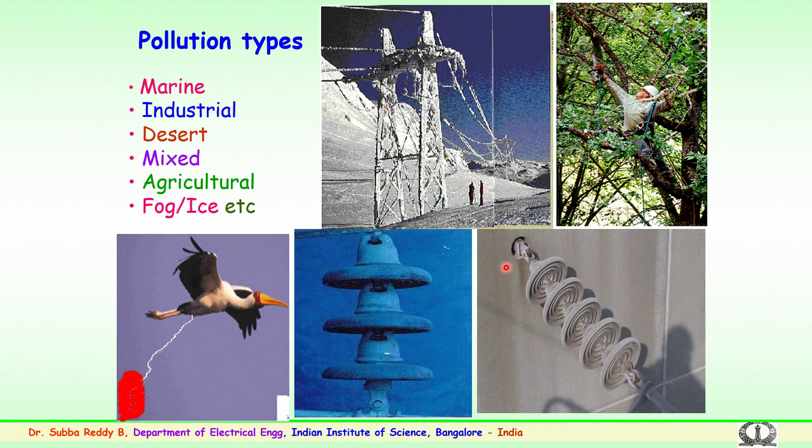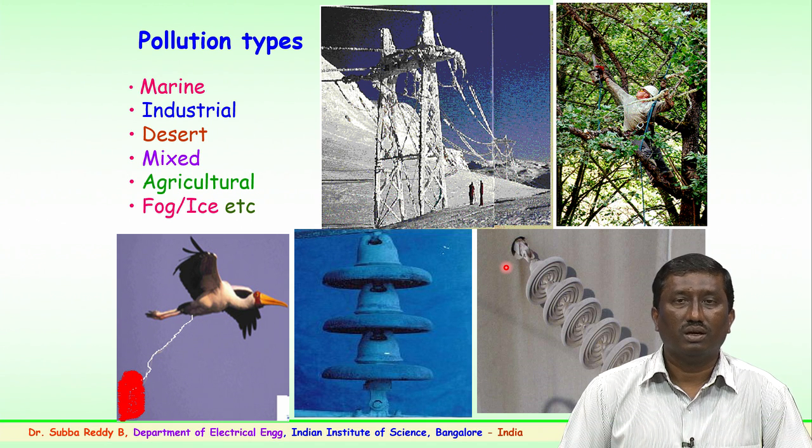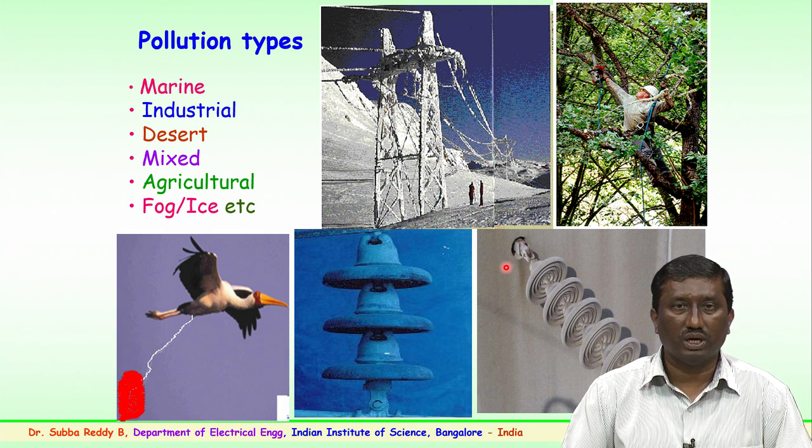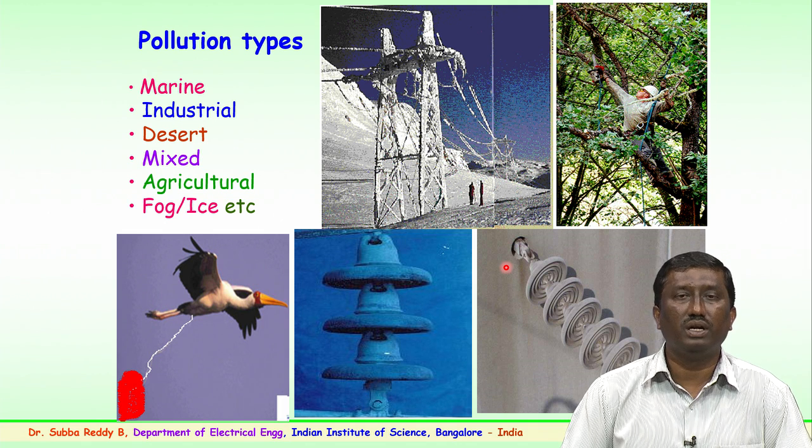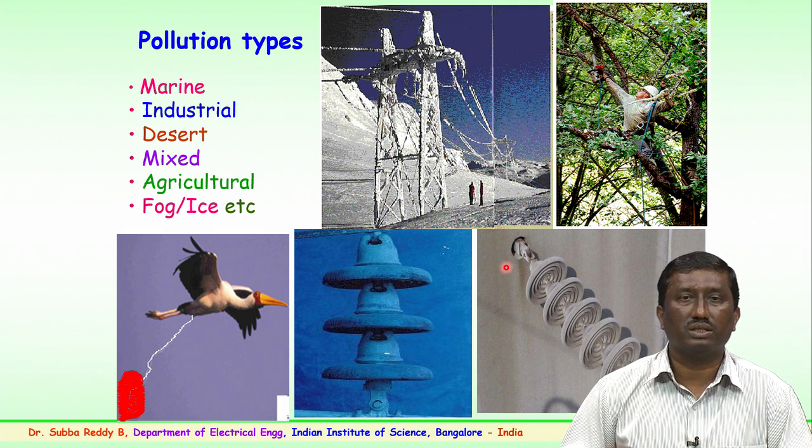A pollution or contamination, as we discussed, will have various types of pollutants. In case the transmission towers are passing near the sea coast, the pollutants may be the salts from the seashore, which are carried by the wind and get deposited on the insulator surface.